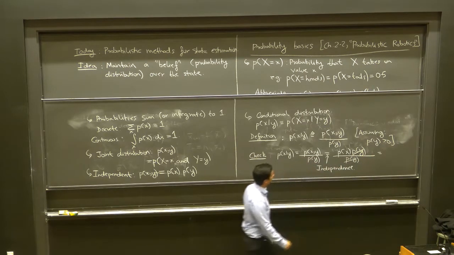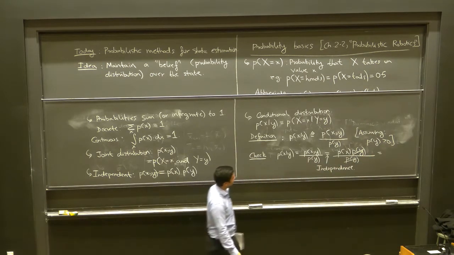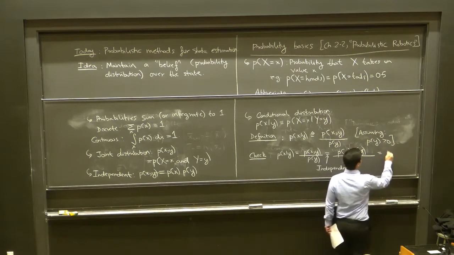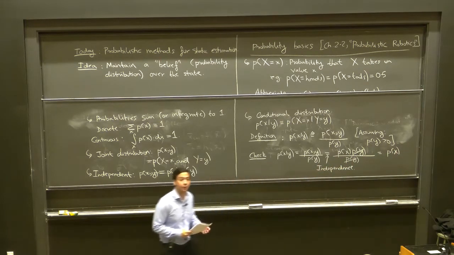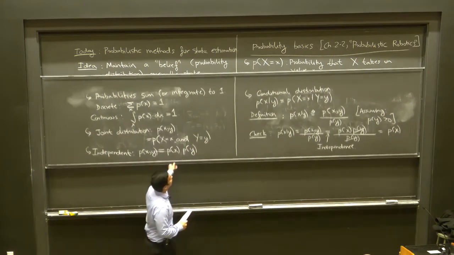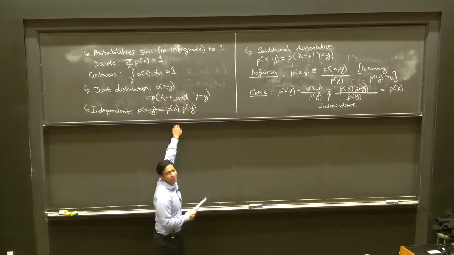And again, we're assuming p of y is not equal to 0, and so this is then p of x, which checks out intuitively. All right. Any questions after this?